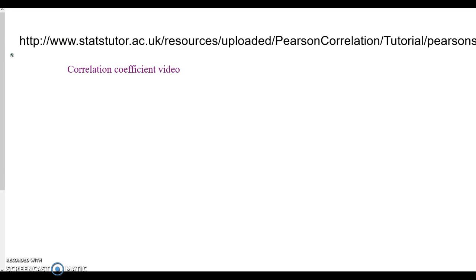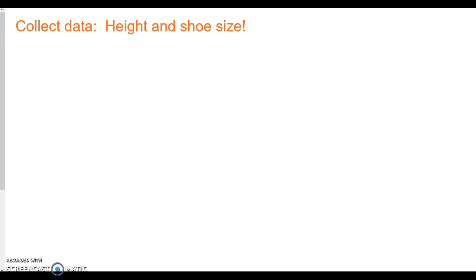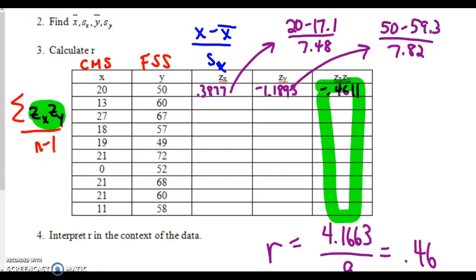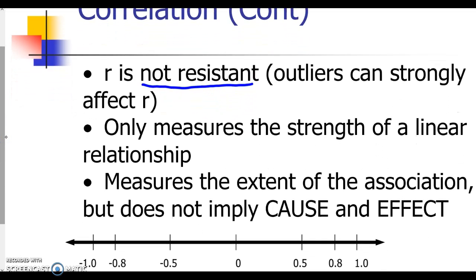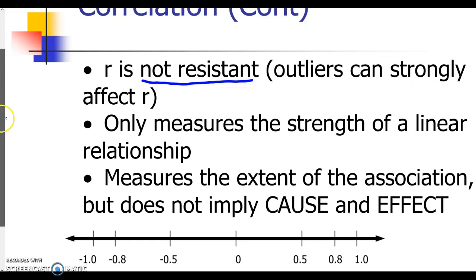Last thing we're going to talk about today in this podcast is not that. Moving ahead here. Correlation is not resistant. So outliers can strongly affect the value of R. Keep in mind that R only measures the strength of a linear relationship.